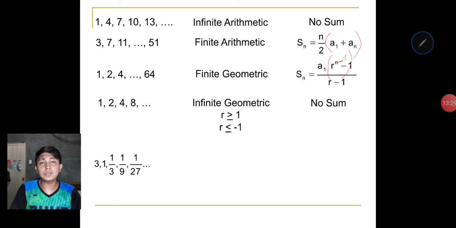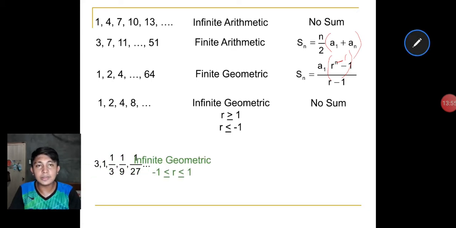Okay? Sabi ko sa previous video natin, kapag papaliit ng papaliit ang ating geometric sequence, the chances are the value of r is a fraction or a decimal number that is less than 1.